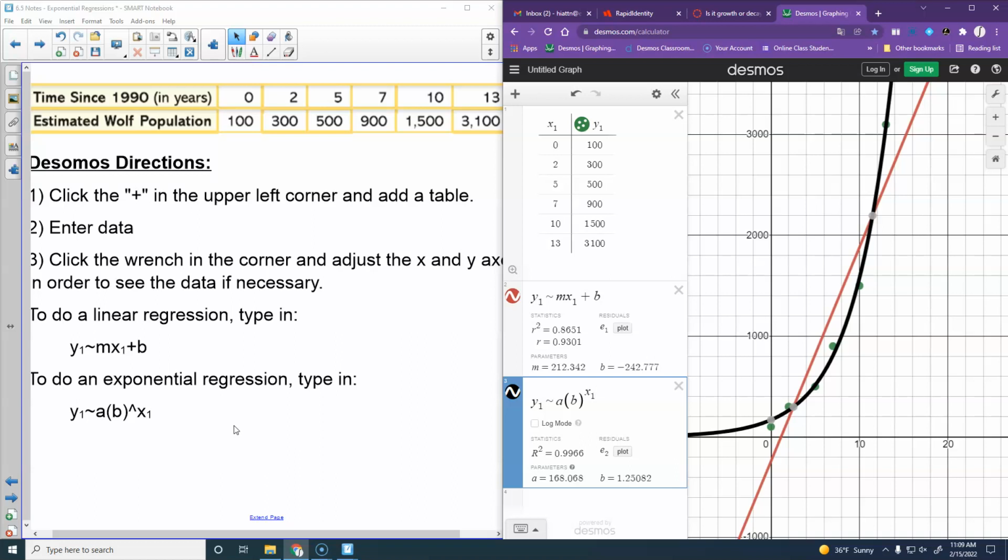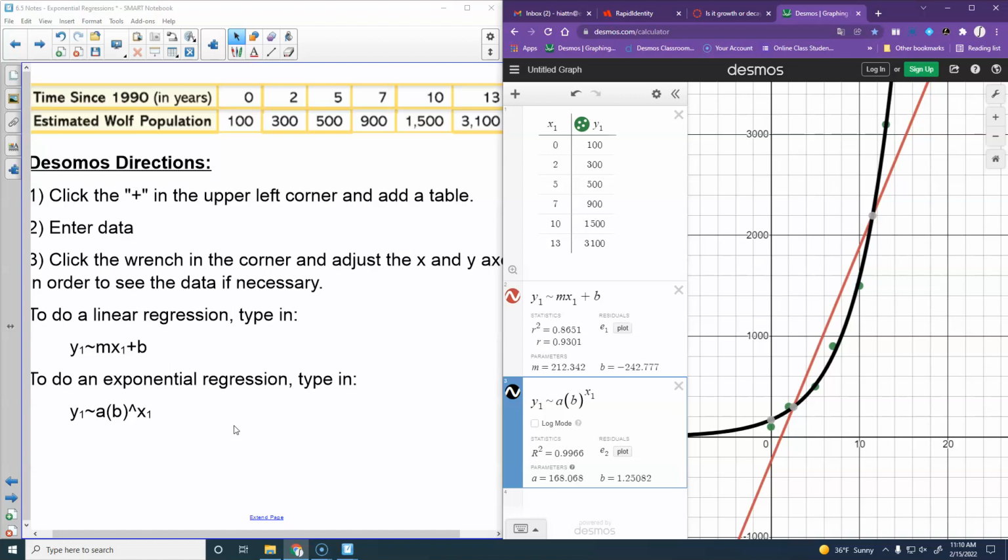I think you may have put in a number a little bit too big instead of 3,100. Hit the wrench button. Change that Y right there to 3,100.